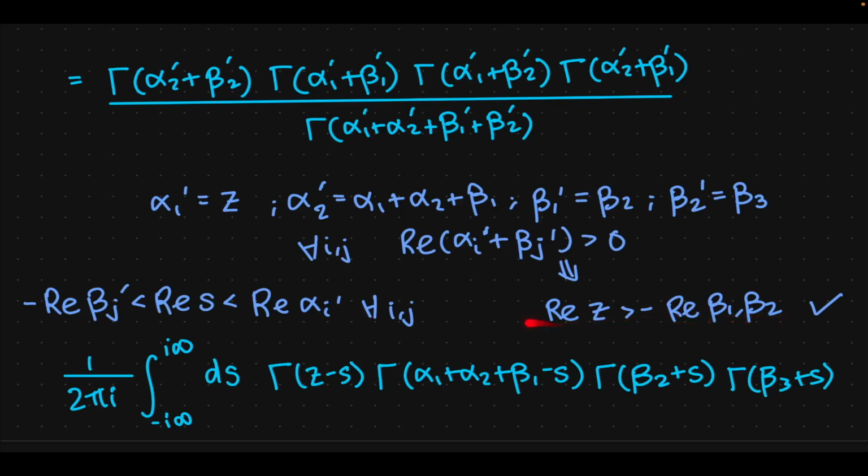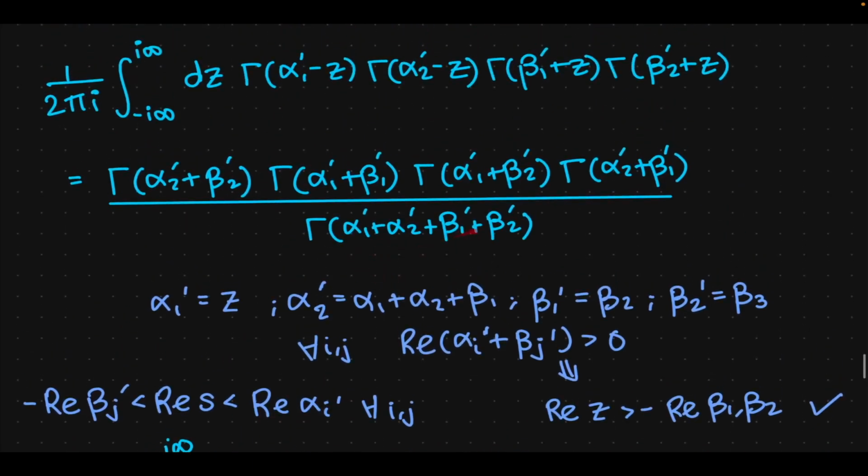It's because of that we can really place the contour in the standard range, and we can actually apply Barnes' first lemma in this case.